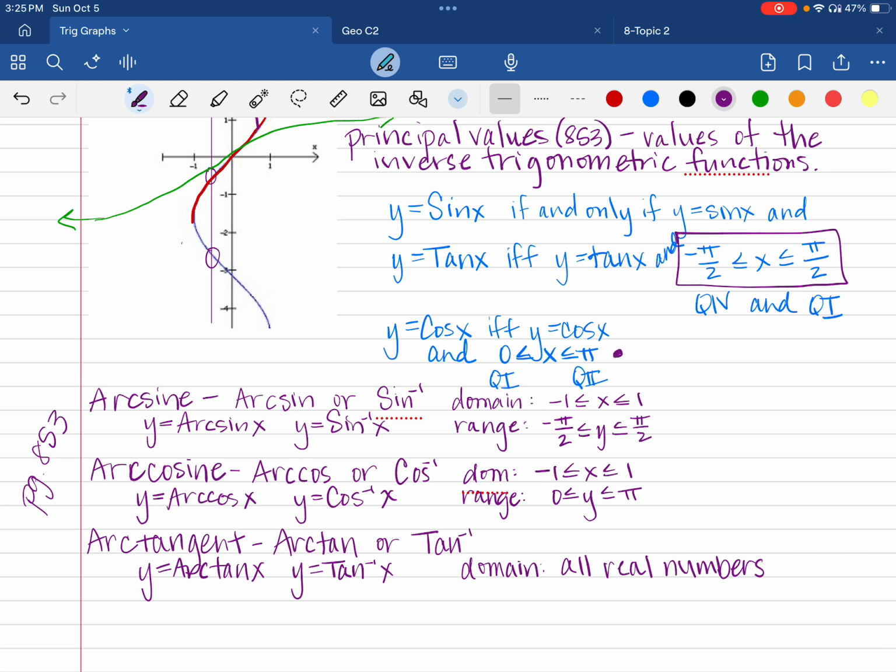So domain is all real numbers. We can plug anything we want into the inverse tangent. That's going to continue going in both directions. But your range, again, will be the same as sine, that your y values have to be between -π/2 and +π/2.